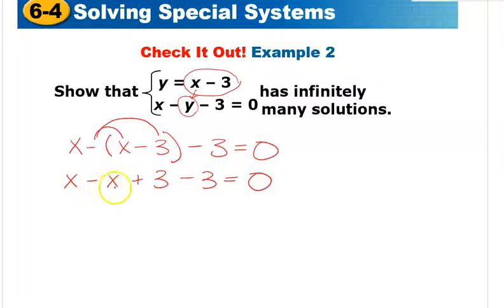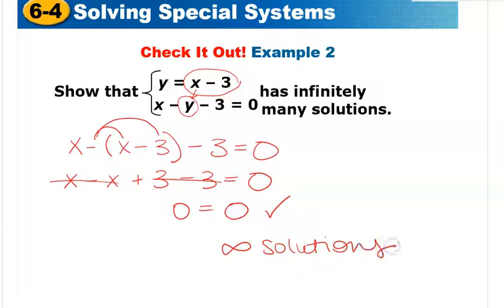Okay, now x minus x is 0, 3 minus 3 is 0, so I get 0 equals 0. Is 0 actually equal to 0? Yes. So this is infinitely many solutions. Infinite solutions. If you have trouble writing the infinity sign, if that's the method you're choosing to write, it's just a sideways 8.